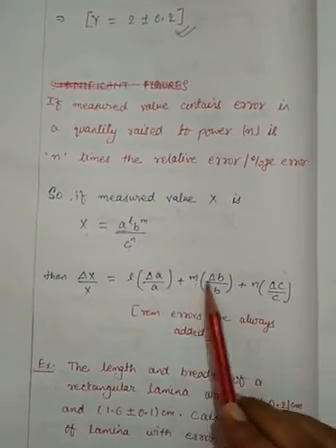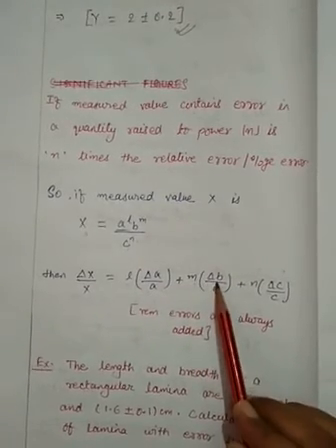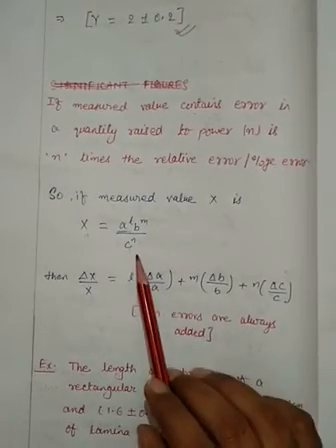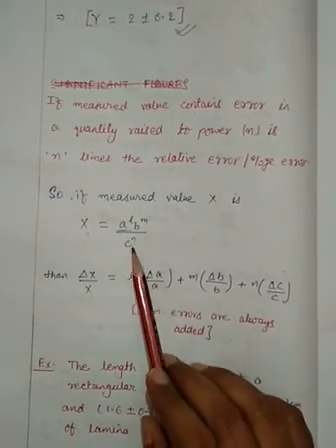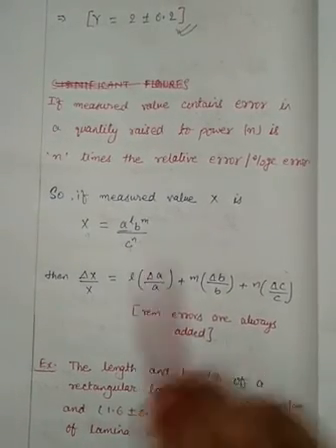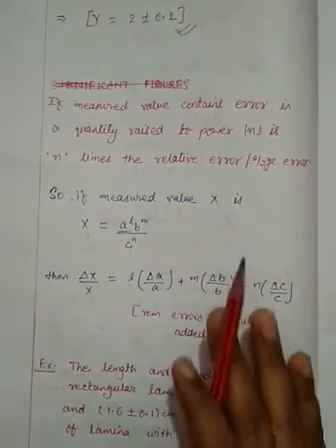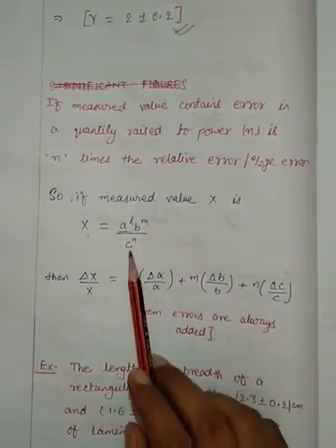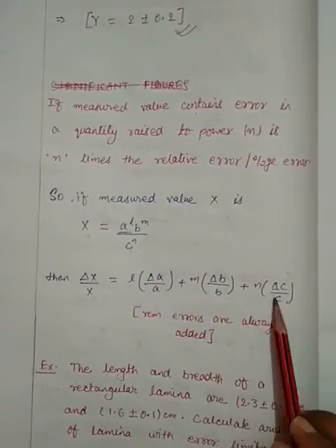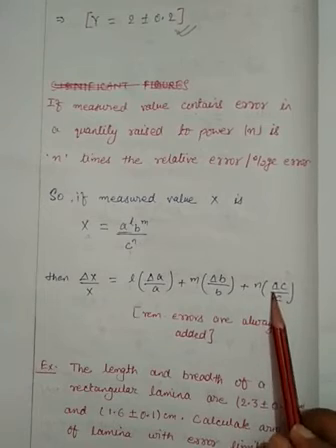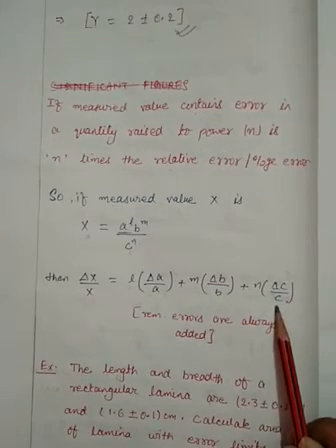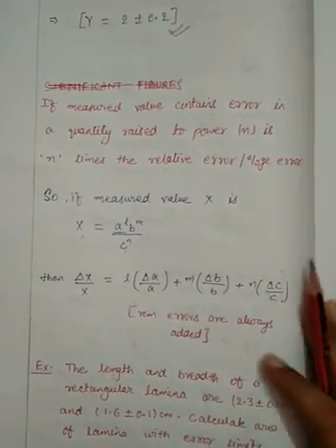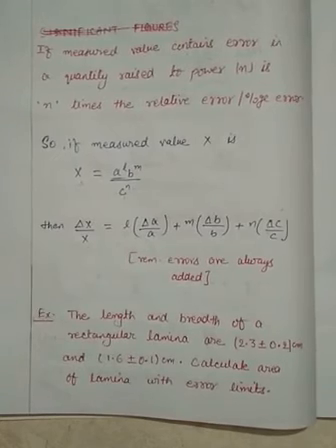Similarly, M times the relative error in b. Again, whether it is numerator, denominator, summation, or division, errors are always added. So c raised to n will simply be added up: plus n into delta c by c, that is the relative error of the c part. This is the way we do it.